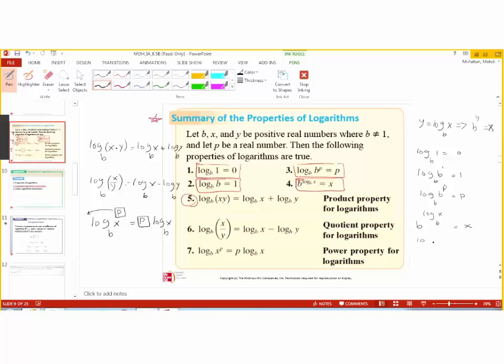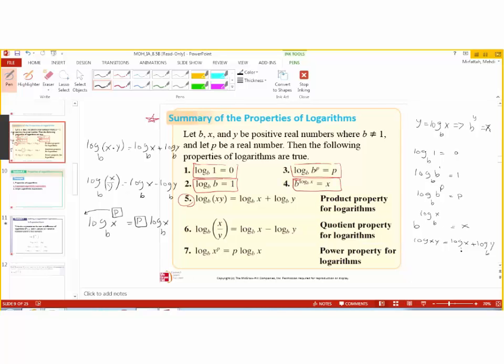The next three that we just learned: log of x times y is equal to log of x plus log of y, same base. Log of x over y is equal to log of x minus log of y, same base b.